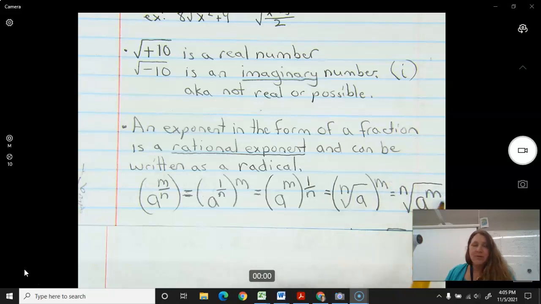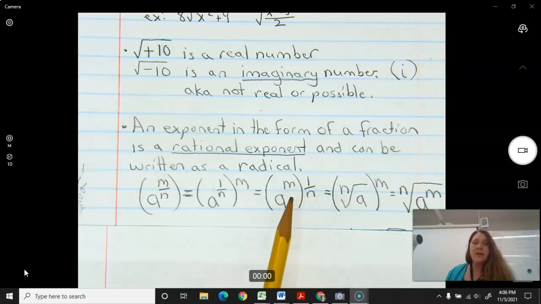Well, believe it or not, our traditional radicals and square roots, where some power here, a to some power here, can actually be written also in this form. Notice my m doesn't change, it just moves outside the parentheses.